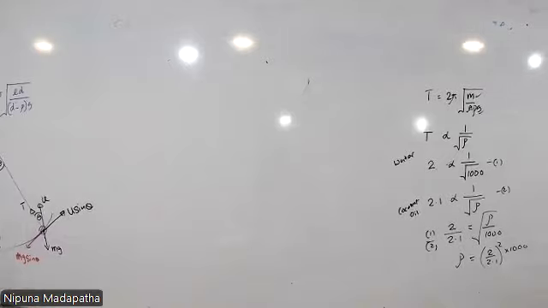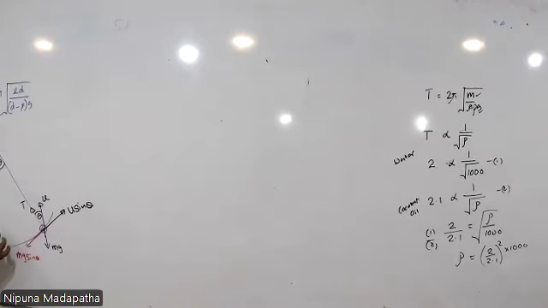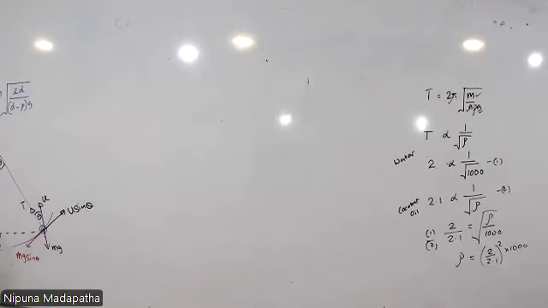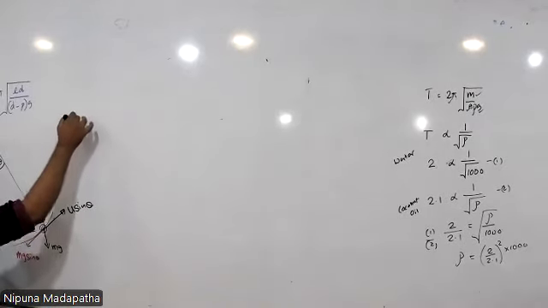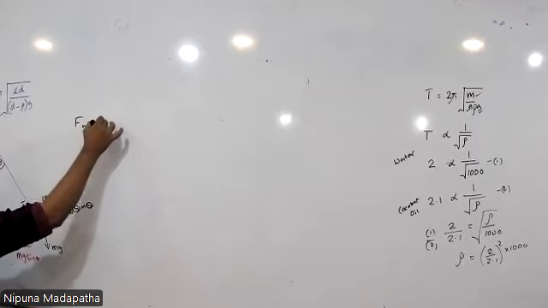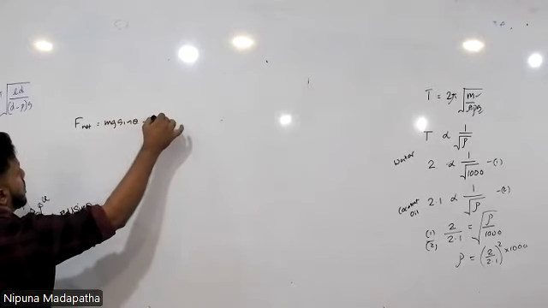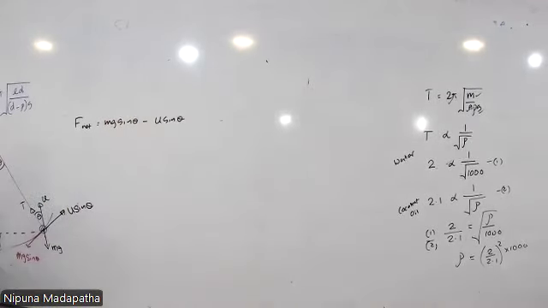So what is the net resultant force acting in the direction of the center of oscillation? The net force is mg sin theta minus U sin theta.